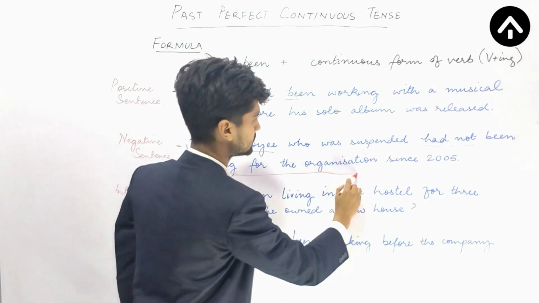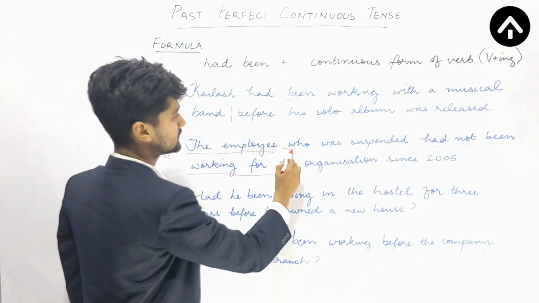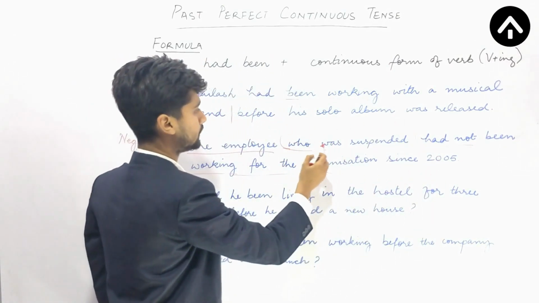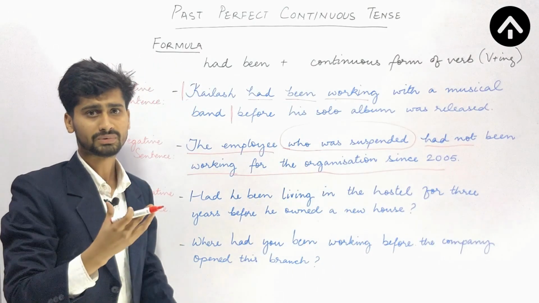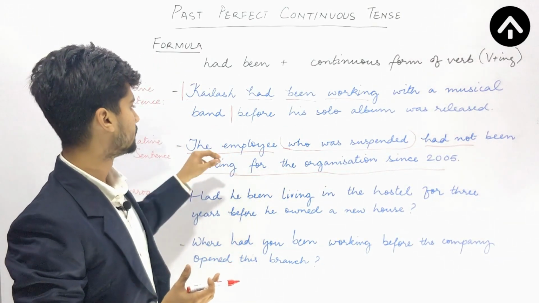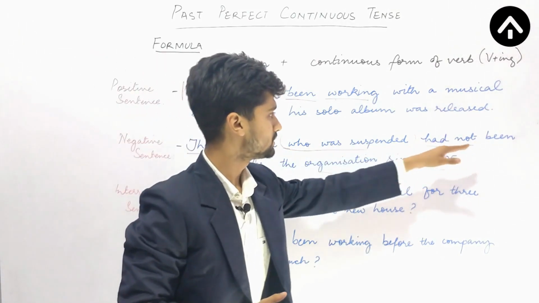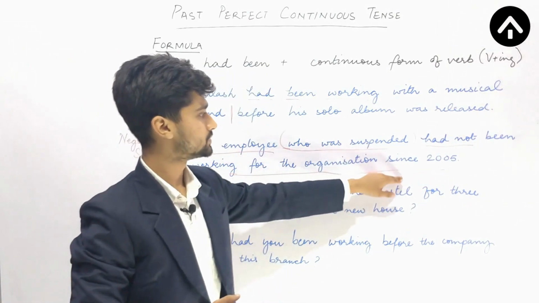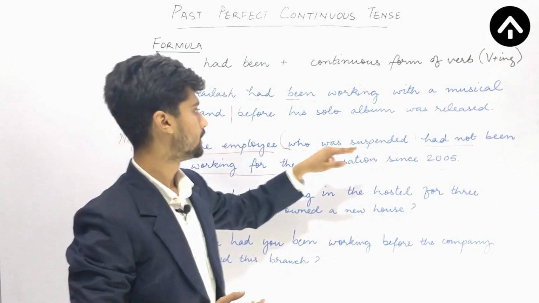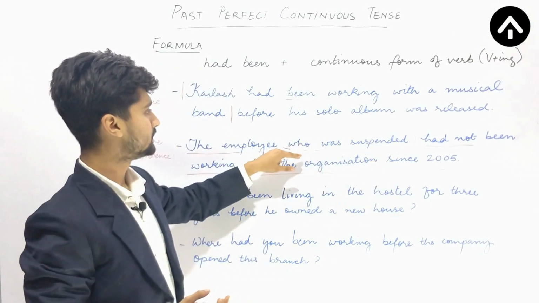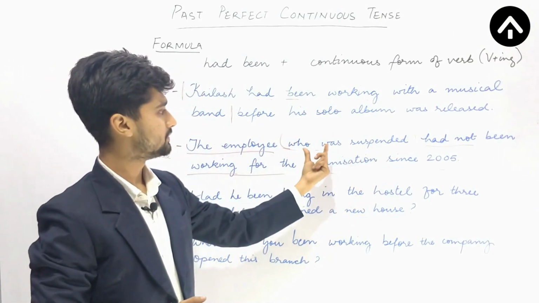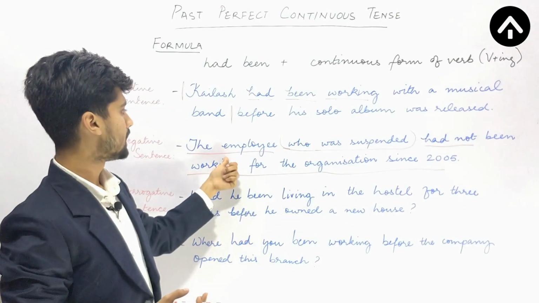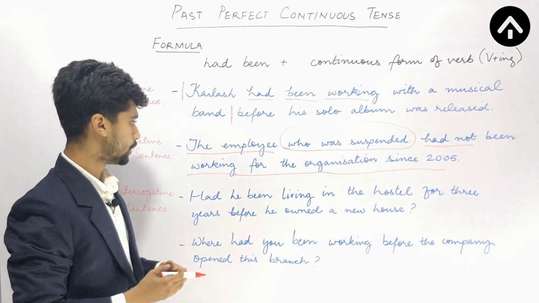Who was suspended is the relative clause. Okay. So it is telling you something about the employee. This is a relative clause which is giving you additional information about the employee, the subject. Okay.